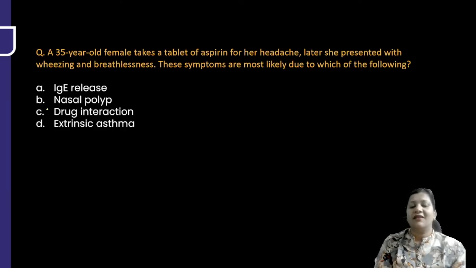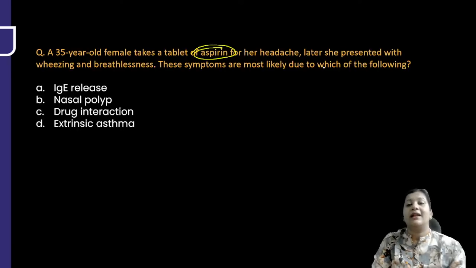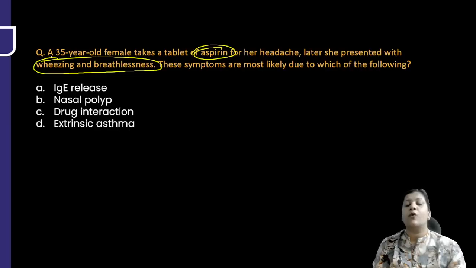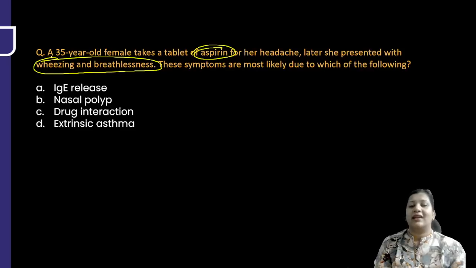Okay, a 35-year-old female takes a tablet of aspirin for headache. So she took what? Aspirin. Later she presented with wheezing and breathlessness. The symptoms are most likely due to which of the following? IgE release, nasal polyp, drug interaction, extrinsic asthma. So IgE release happens whenever there is an allergic reaction.